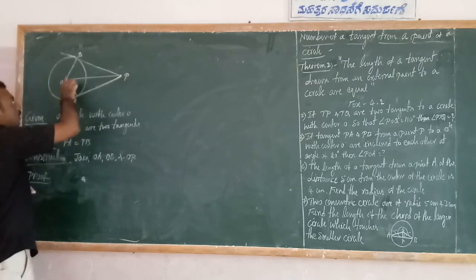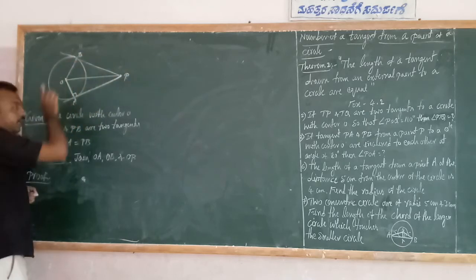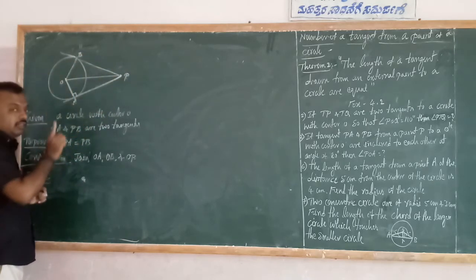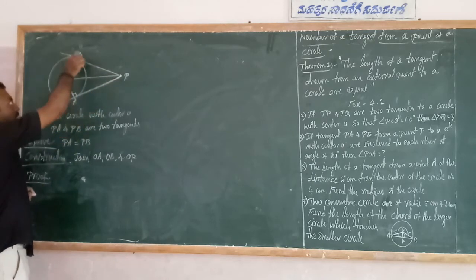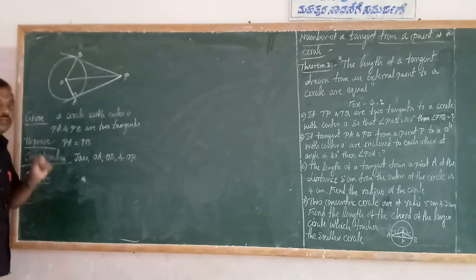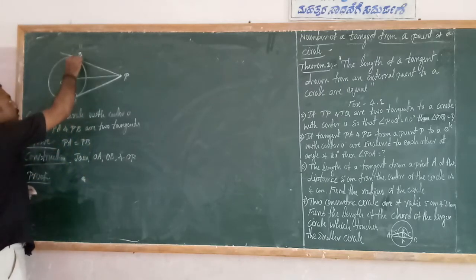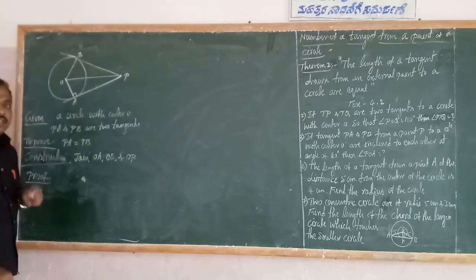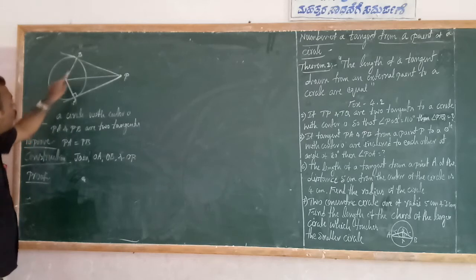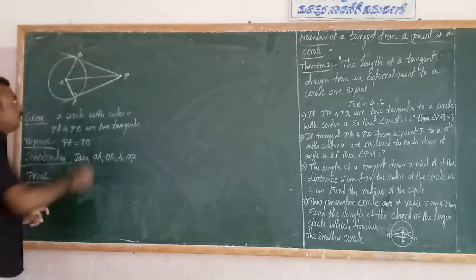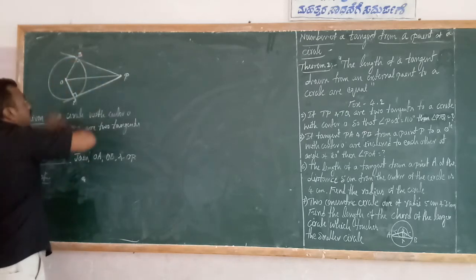Like that, OB is also a radius of the circle and PB is a tangent. The tangent is perpendicular to the radius of the circle through the point of contact. B is the point of contact. So again angle OBP also becomes 90 degrees.